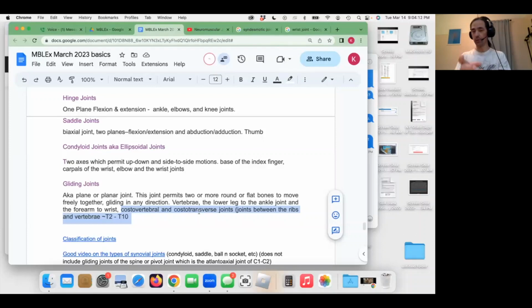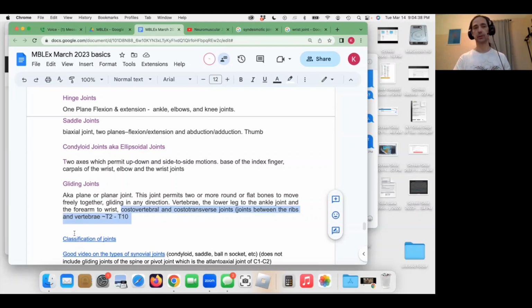Sometimes we see them move forward and get stuck in people who hyperextend their spine a lot: cheerleading, powerlifting, and gymnastics. I also see it in ballet dancers. Sometimes it'll move forward a little bit, and then it can move forward and back, side to side, and it can twist.